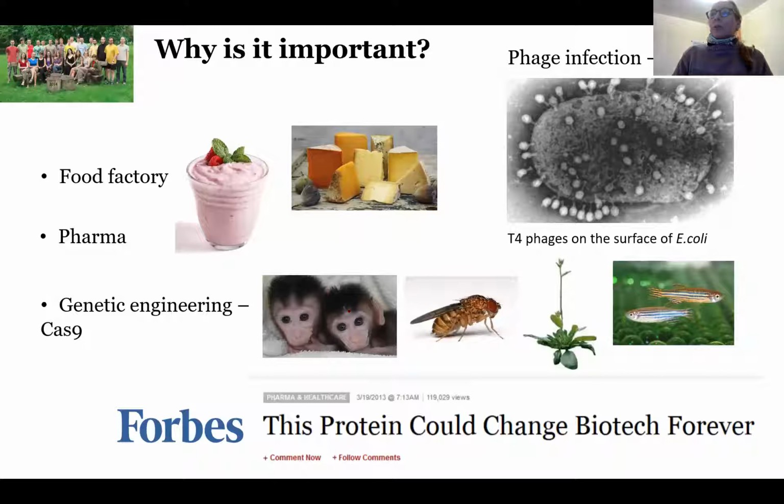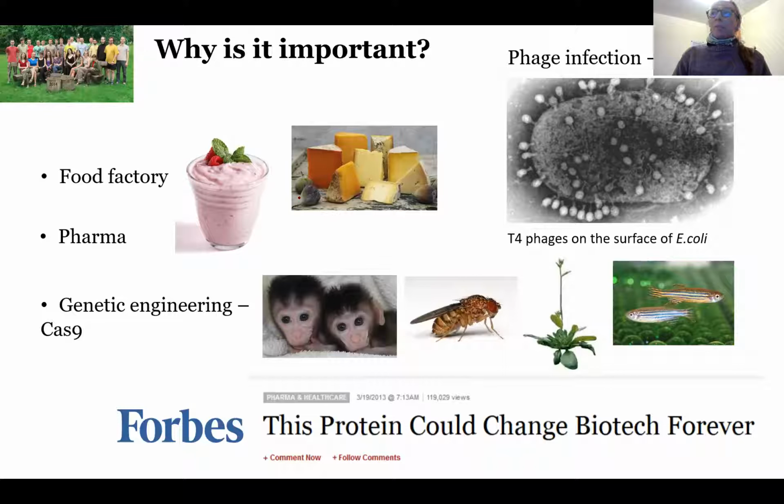Why is it important at all? Actually, in reality, phage infection is quite a big problem for a factory, for example a cheese factory, where you have bacteria that perform fermentation, and they can get attacked with phages.